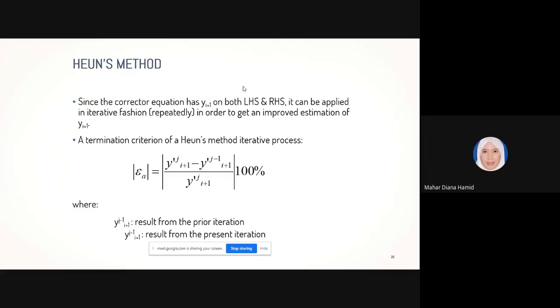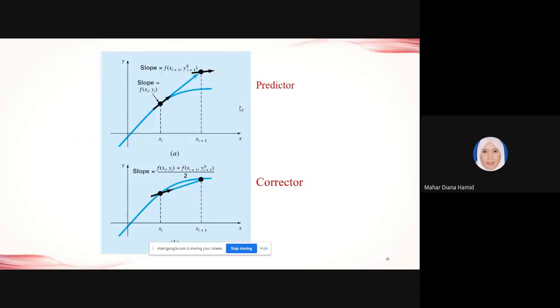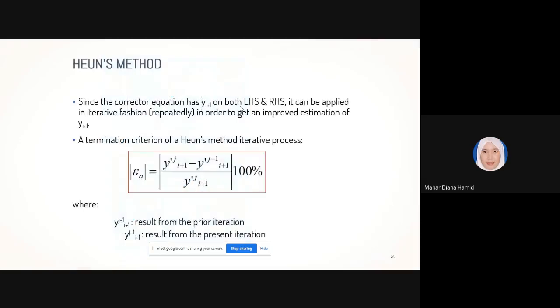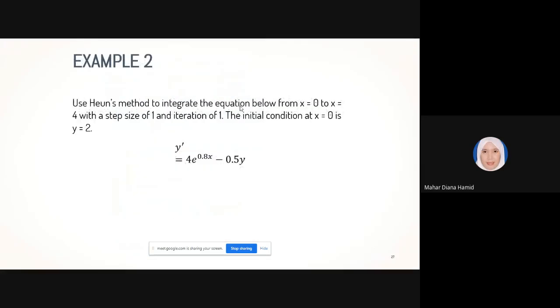The stopping criterion here is the relative error. But in this particular course, we are not going to use iteration for Euler's method. We assume we only use predictor and corrector once, so you do not need to iterate the calculation. So this is Euler's method.